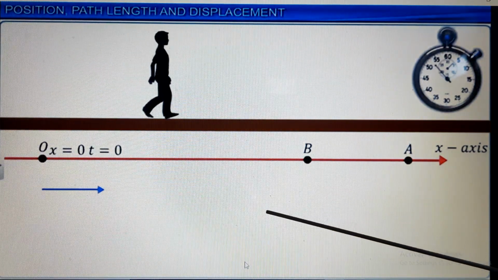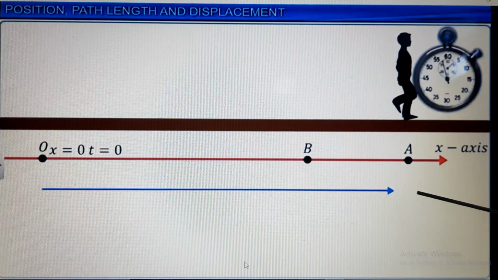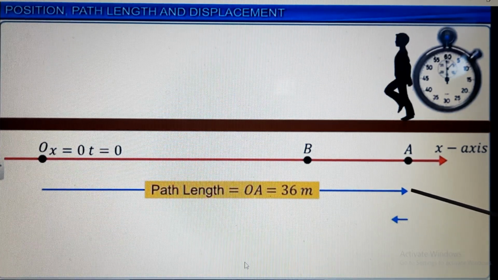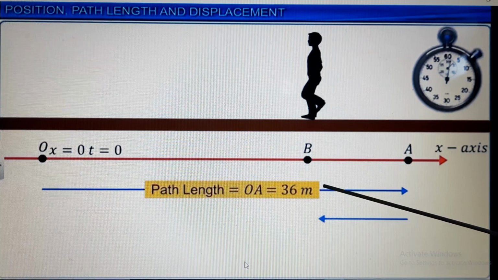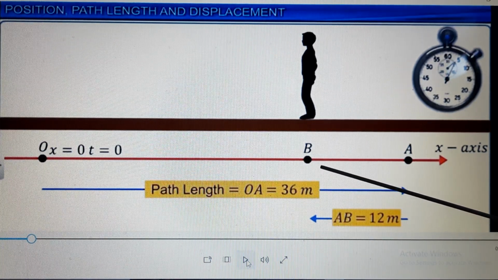Okay, but suppose he moves O to A and after that he moves A to B. So what is the path length of this boy?